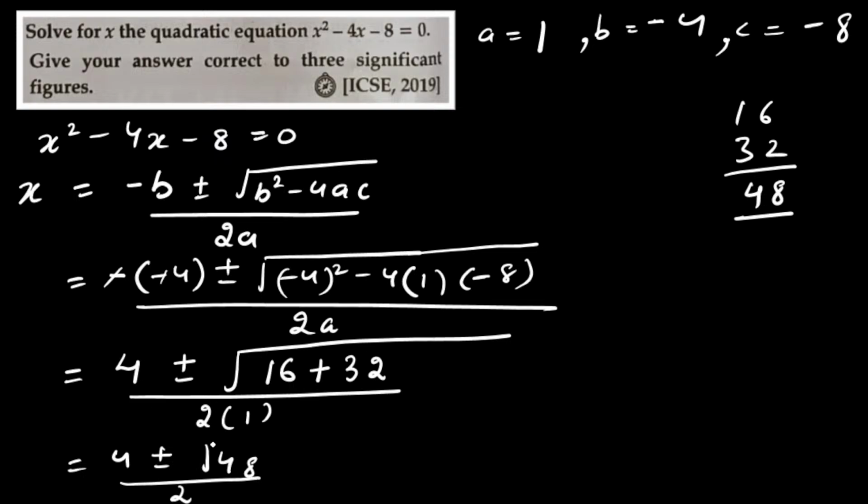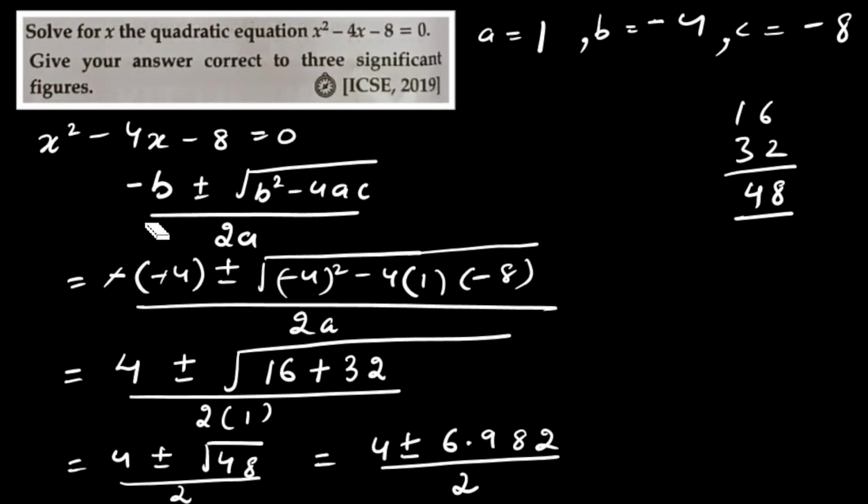So here I want you to tell me the value of square root of 48. You have to see the square root table and tell me the value of square root 48. So 4 plus and minus 6.982 by 2. From the square root tables you can see the values and you have to substitute.